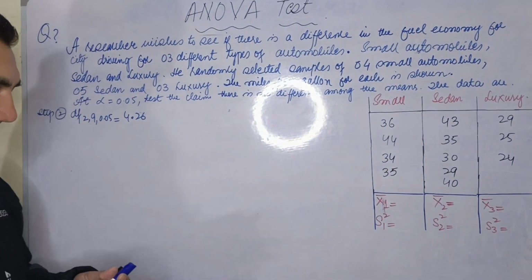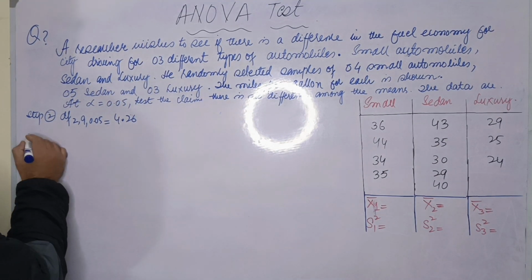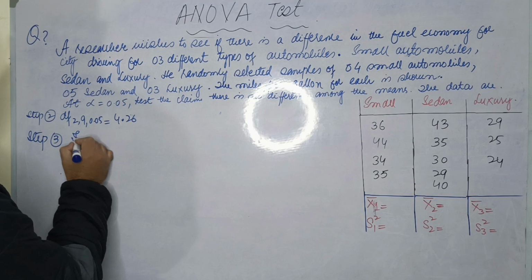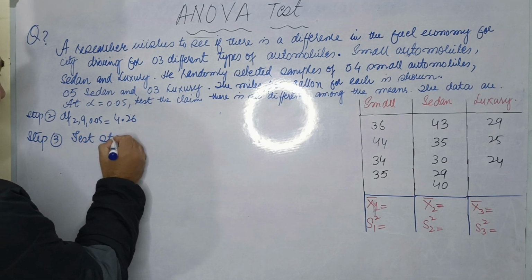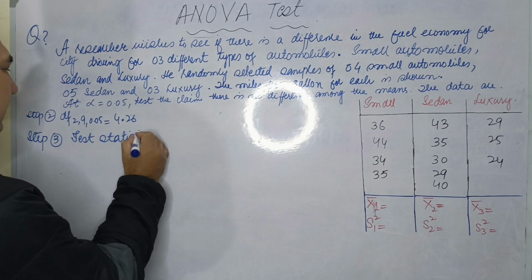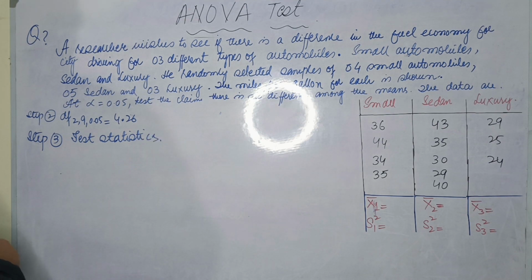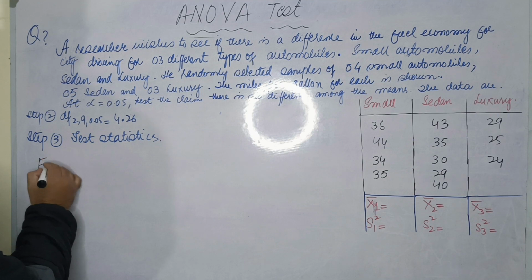Now in step number 3, as you know very well, we go to the test statistic. Test statistic means to solve the formula. What's the formula for the F test?